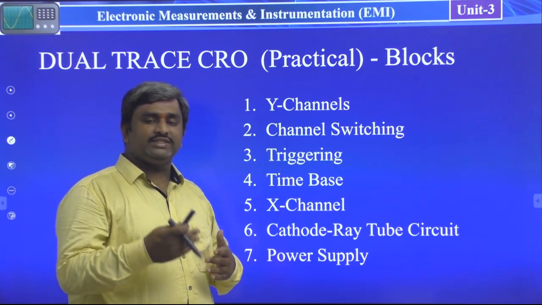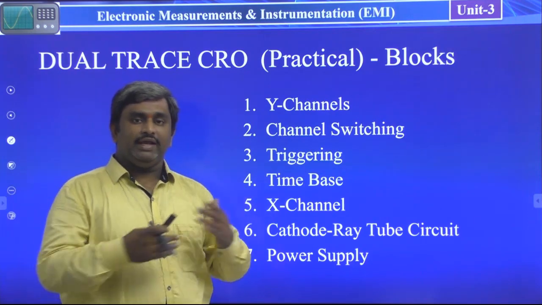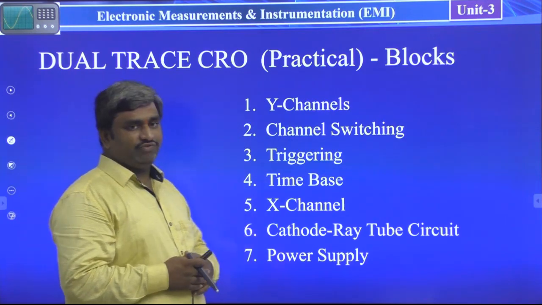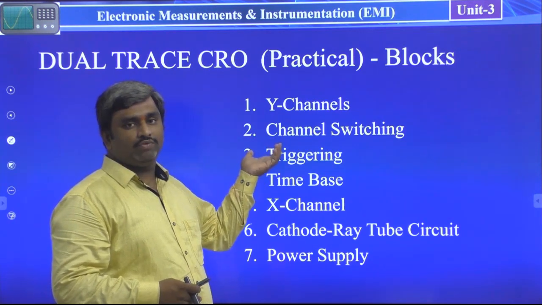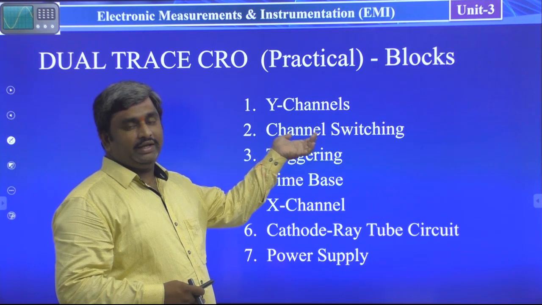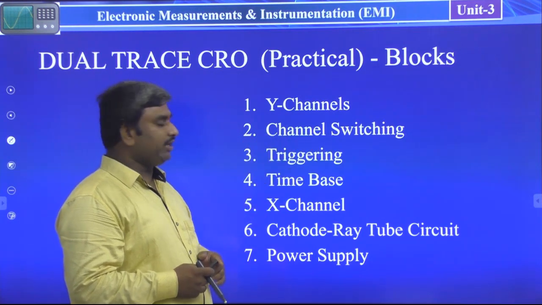Like that we see channel A, channel B, channel A, channel B. For this alternate mode of the dual trace CRO, we need an electronic switching operation, which we call channel switching.